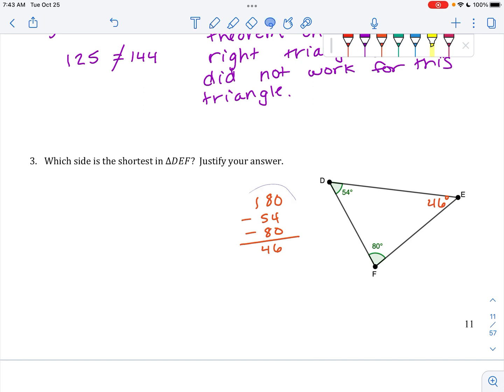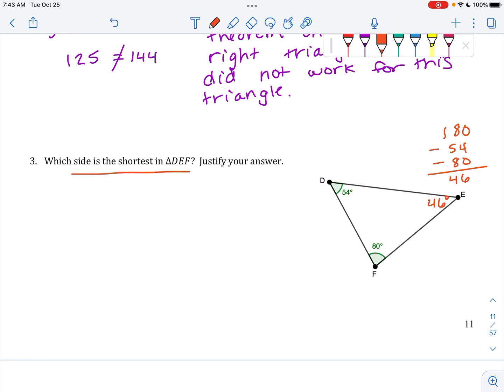So now that I know that this is 46 degrees over here, now I can tell what's my smallest and largest side. This asks us which side is shortest. Well, we know the shortest side is going to be across from the smallest angle. So here's my smallest angle. So that means that this has to be my smallest side. So I'm going to explain.